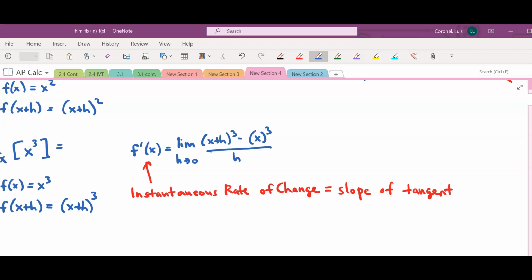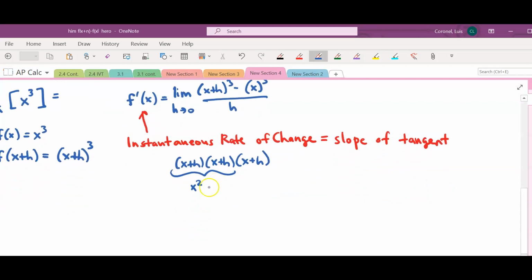Alright, so now we have this cubic that we have to take care of. We have x plus h times x plus h times x plus h. We already know what this is, x squared plus 2xh plus h squared. Bring down the x plus h.